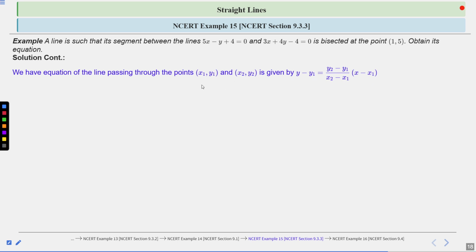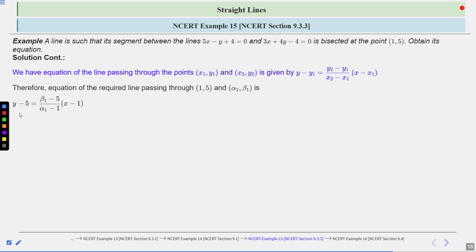Therefore the equation of the required line passing through 1 comma 5 and alpha 1 comma beta 1 is y minus 5 equal to (beta 1 minus 5) divided over (alpha 1 minus 1) times (x minus 1). Here we substitute x1 comma y1 as 1 comma 5 and x2 comma y2 as alpha 1 comma beta 1.